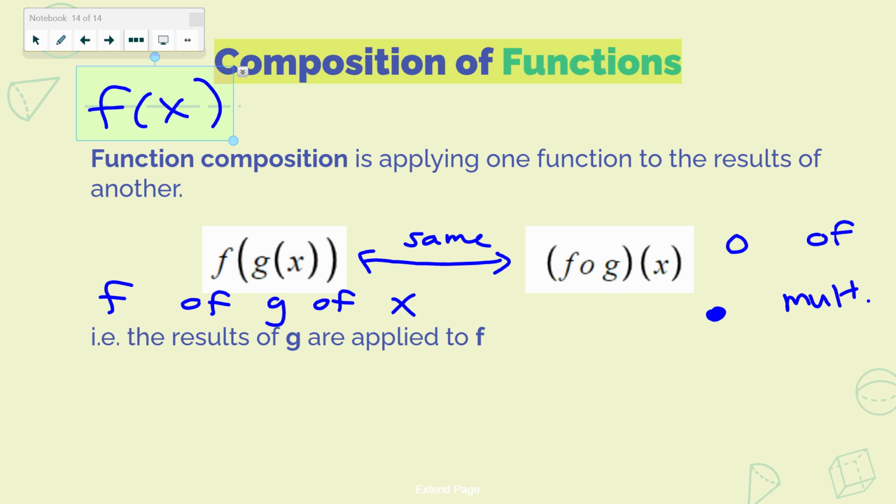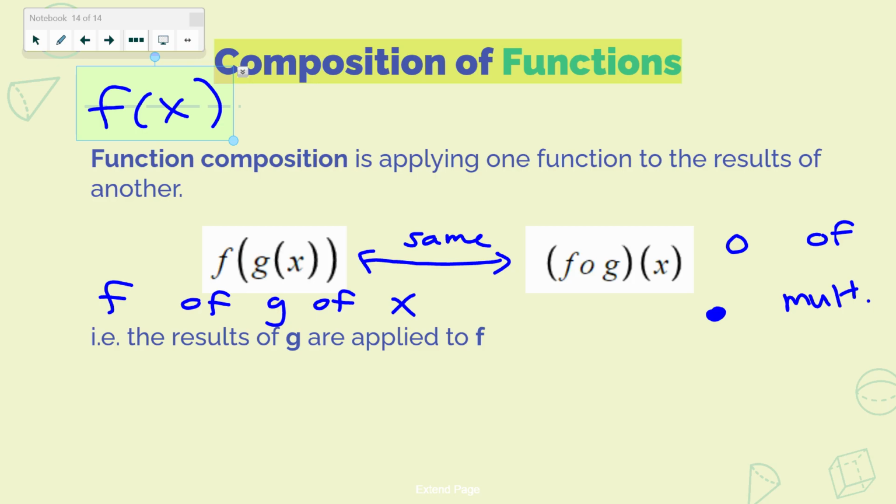You're always going to work kind of like inside out, meaning you'll start off doing whatever the g of x situation might be. Maybe it's just the whole function, maybe there's a value here. You'll apply that, then those results to f.